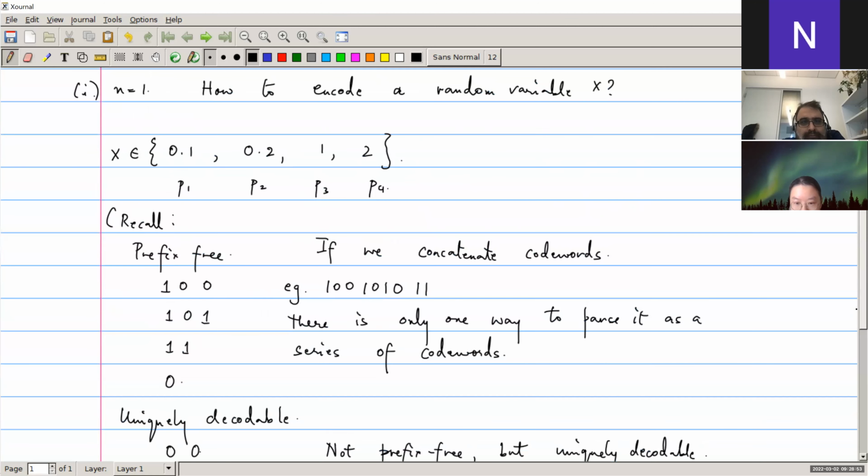So the idea is, how do we encode this random variable? We are going to assign to each of these possibilities, 0.1, 0.2, 1, and 2, a codeword.